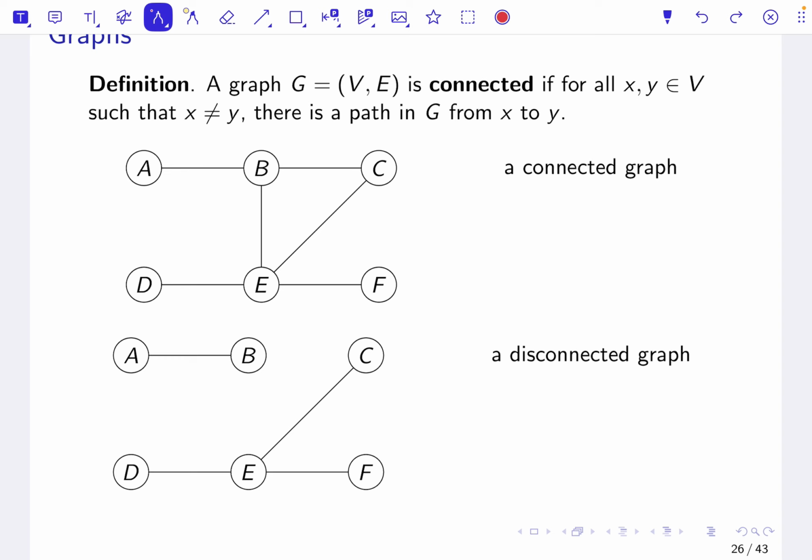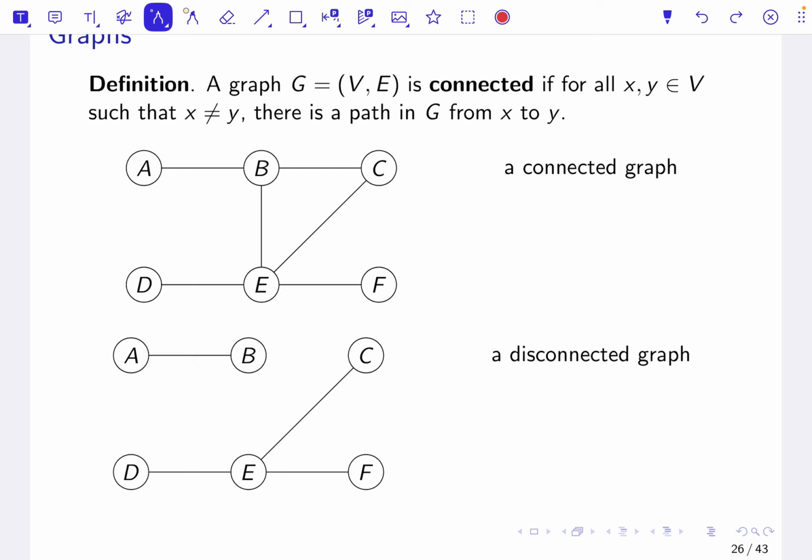The first graph on this slide is connected. Given any pair of vertices, let's say C and A, that's boring. There's obviously a path from those. A to D, you could do that. F to C, yep.